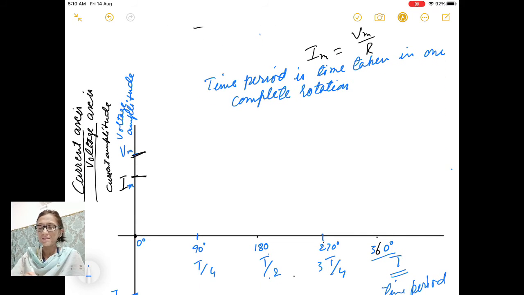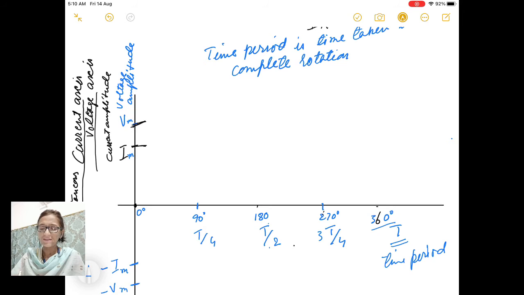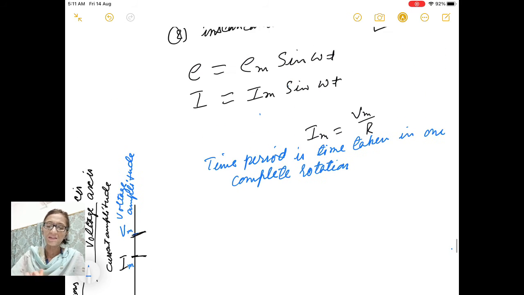So let us take time period on the x-axis, and in one complete time period the rotation is of 360 degrees. On the y-axis I have taken instantaneous current and instantaneous voltage.